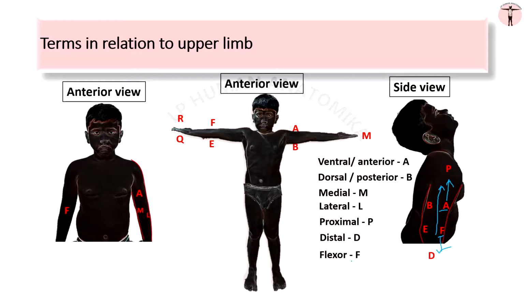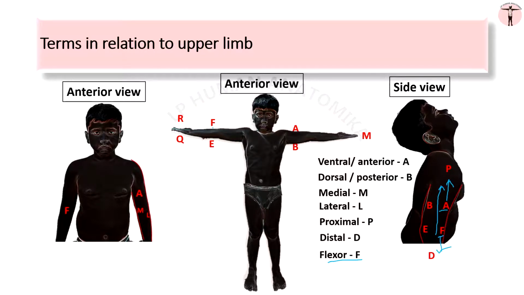To look at the flexor aspect of the upper limb and the extensor aspect. Now the front part of the upper limb is the flexor aspect. Okay, so flexor aspect and anterior part are the same.